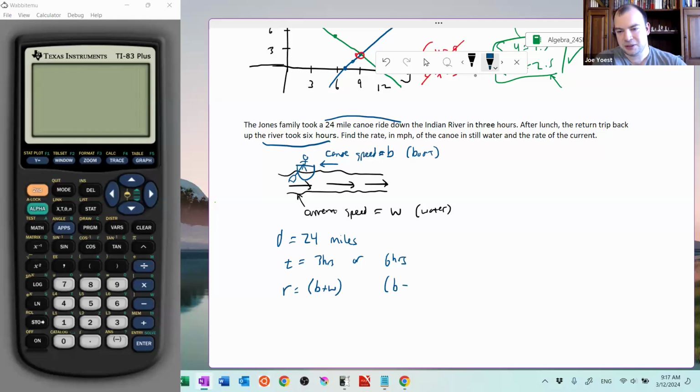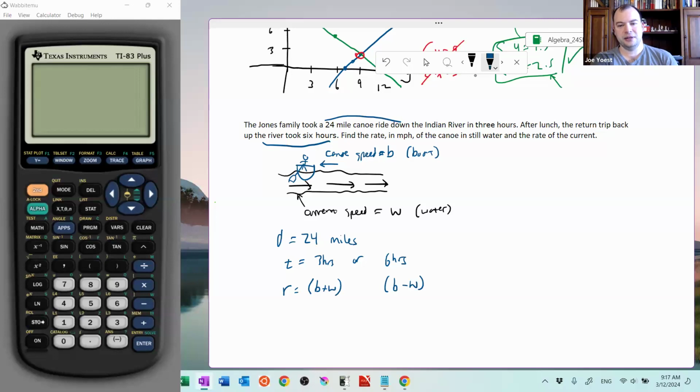Their effective speed is B minus W. So if they're paddling at 5 miles per hour, but the water current is 2 miles per hour, they're going effectively like 3 miles per hour. Not the answer here, but just to give an example of what it might look like.